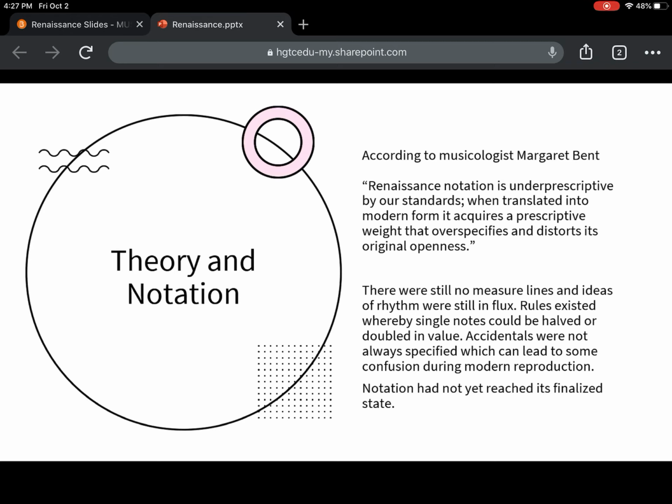Basically, again, we still didn't have completely standard notation, and if we try to translate a lot of Renaissance music into our modern context or our modern 5-line staff, we lose some of what makes it what it is.